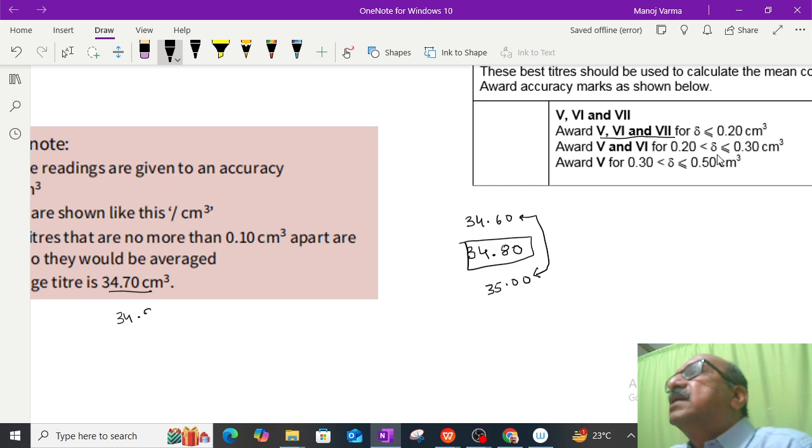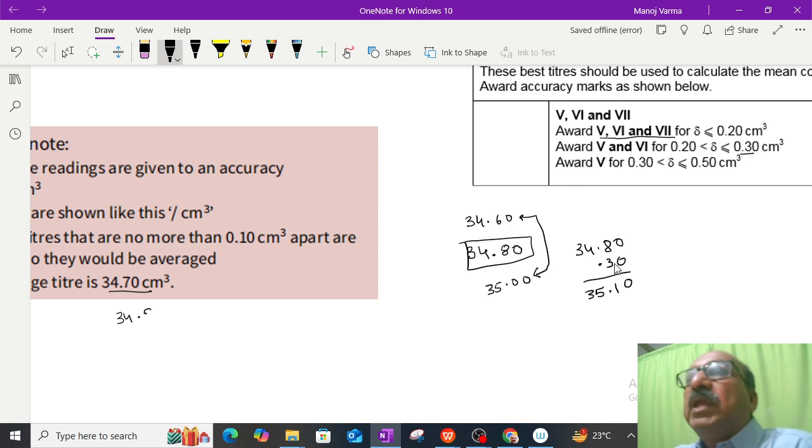But if it differs by more than 0.2 but up to 0.3, that means your difference is in the range of 0.3. That means, like, you are getting like 34.80. If I add 0.3 here, right, that means 35.10, right?